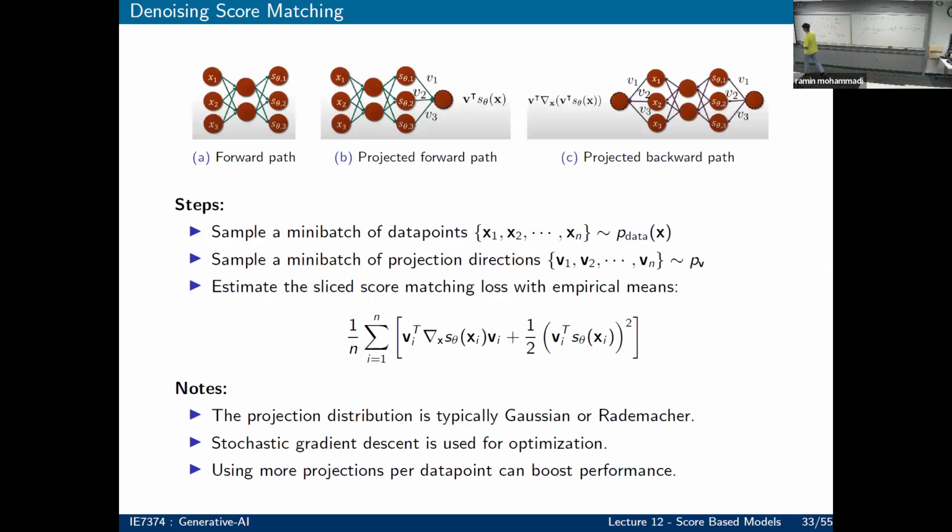So the steps that you want to remember are these. Let me clarify in case you didn't get the upper part. I have data, during training. I do a forward pass. During the forward pass, I need to project my points on some vectors in order to do a comparison.